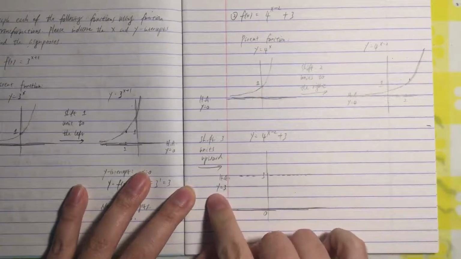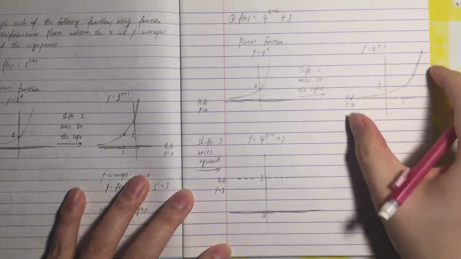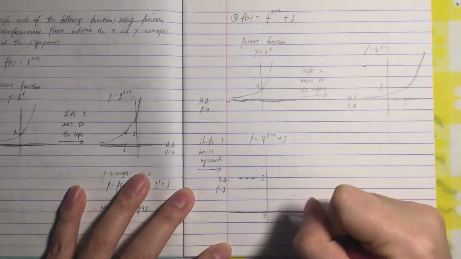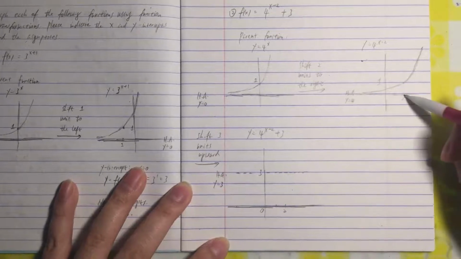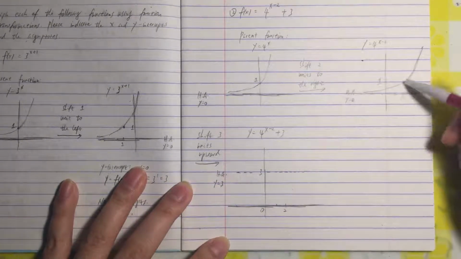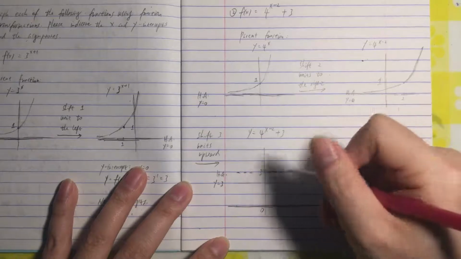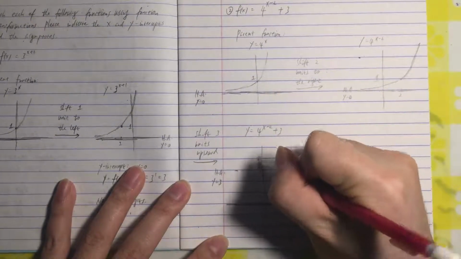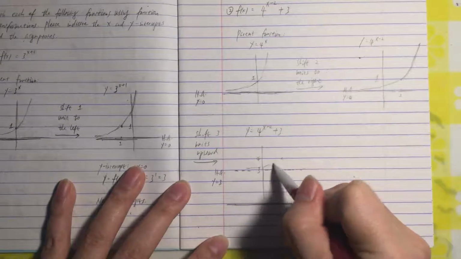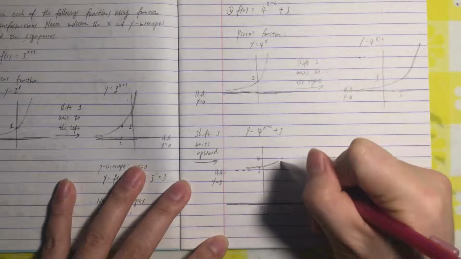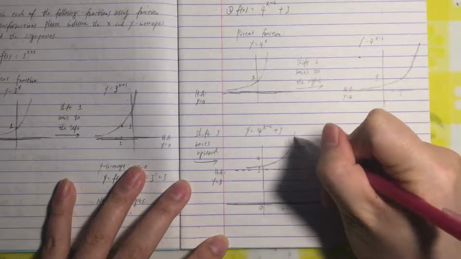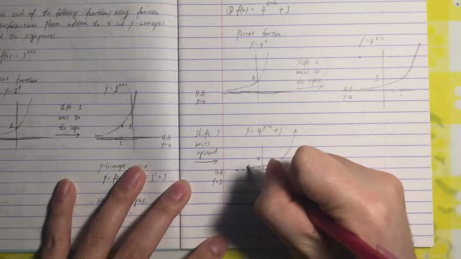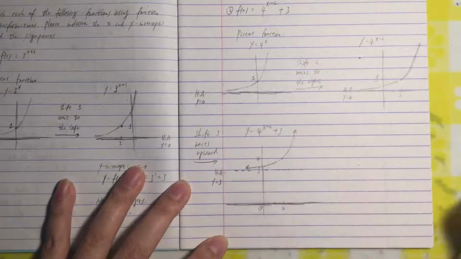The graph shifts up by 3 units and looks like this. This point was (2, 1). If I shift up by 3 units, it will be (2, 4). That's the graph of this function.